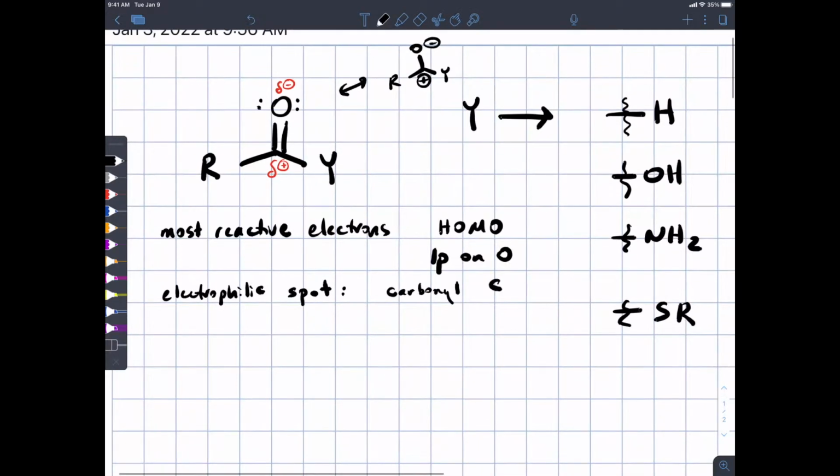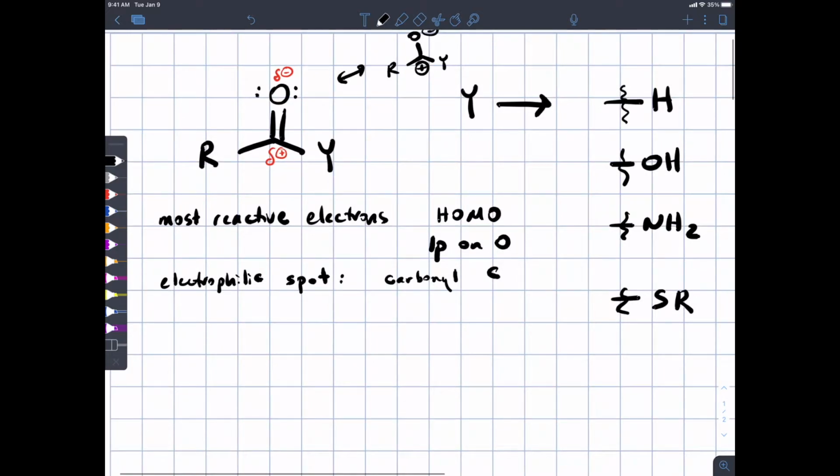What does that look like in terms of molecular orbital theory? Well, in molecular orbital theory, the electrophilic part of a molecule is the lowest empty orbital. That's where the nucleophile will attack. That's where the next electrons can go.